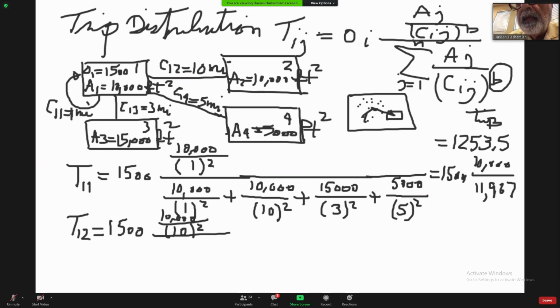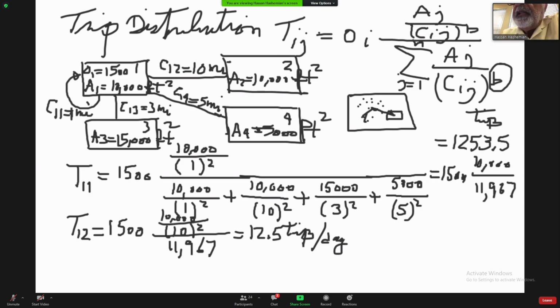The denominator is the same thing, because you still have that summation, so it will be 11,967. When you calculate that, you will end up with 12 and a half trips per day.